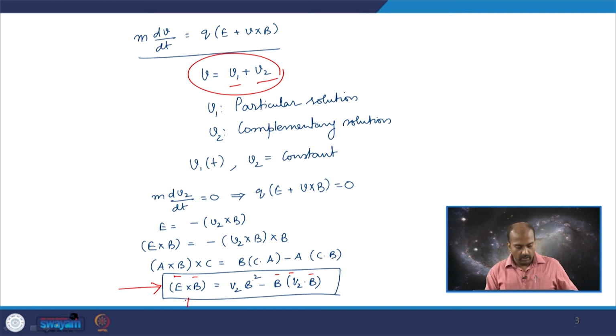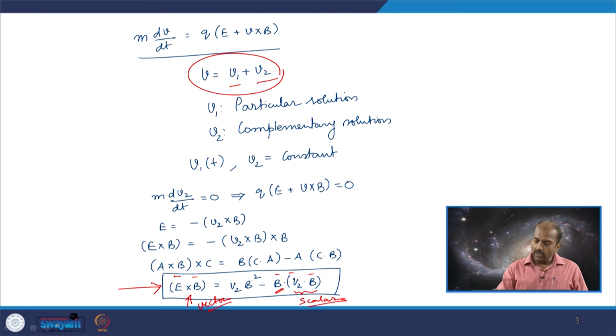The second term on the right hand side, V2 dot B, is a scalar, and this is a vector, fine. A scalar multiplied with a vector will still be a vector in the same direction. So, the scalar multiplication is not going to change the direction of the vector, right.